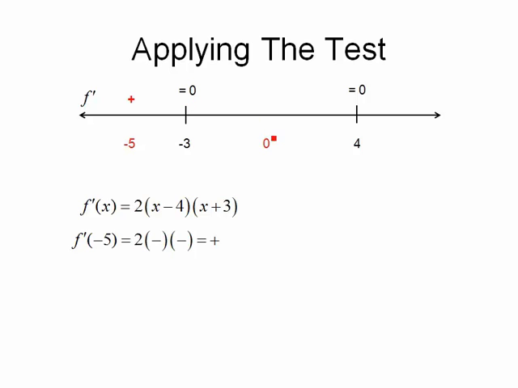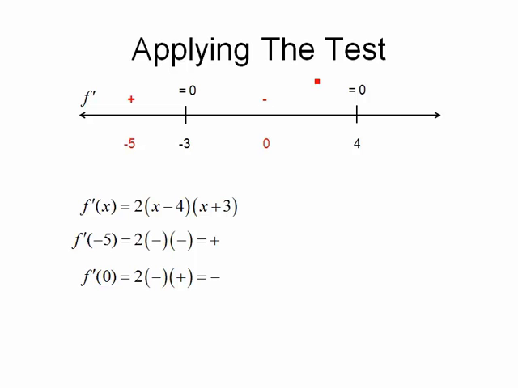So I'm going to pick another number in this open interval. Between -3 and 4 is 0, and now I'm going to put that into the derivative again. So 0 into the first factor is negative, 0 into the second factor is positive, 2 times a negative times a positive is negative, so in this section, I'm now going to get that it's negative.